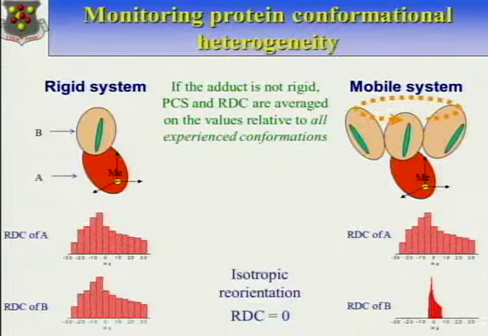And then for each domain we can compute, from these two formulas, because we know the magnetic susceptibility and anisotropy, for each of these conformations the pseudocontact shifts and the residual dipolar couplings.